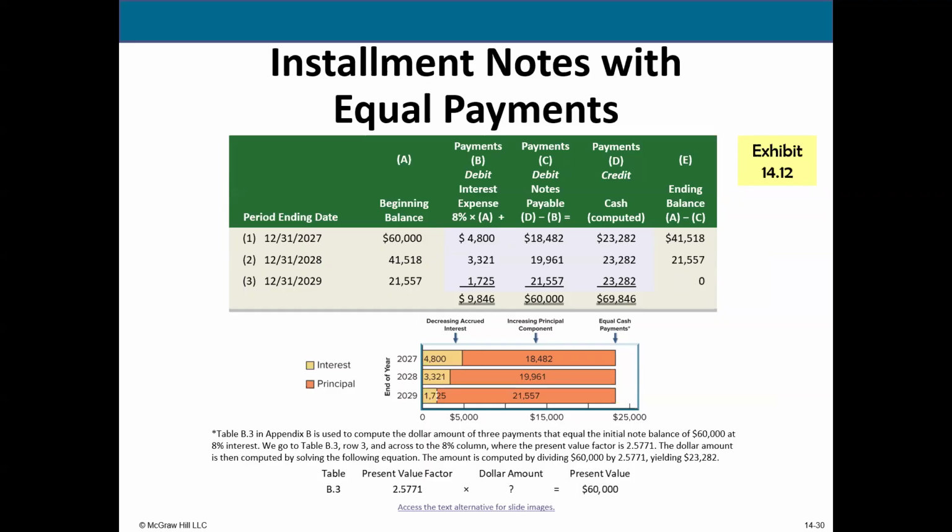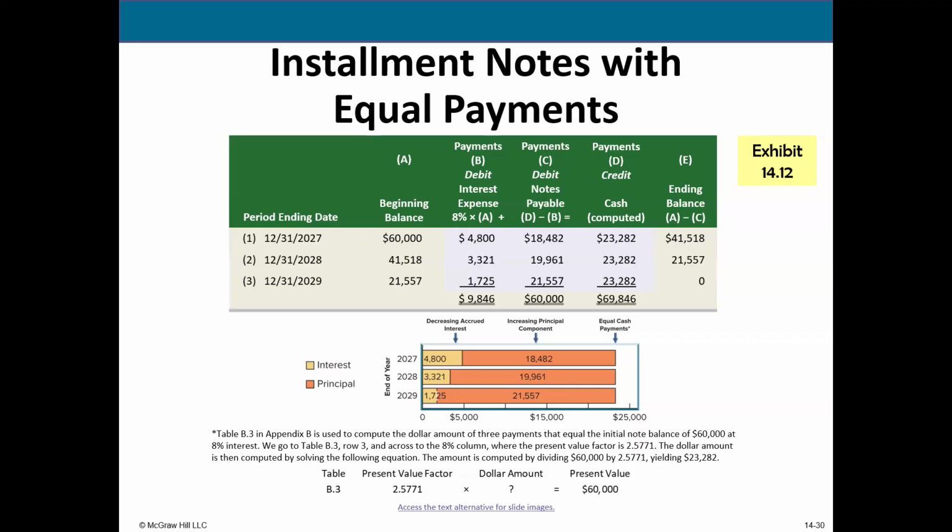We then add in the payment amount minus the interest expense to then get the amount that we would debit to notes payable to equal the amount being paid out.